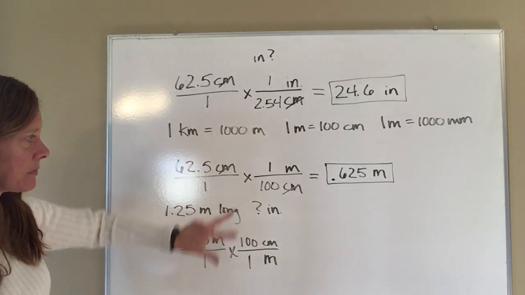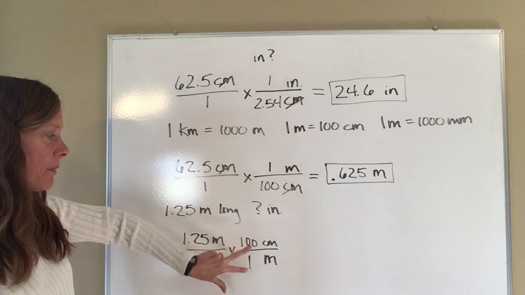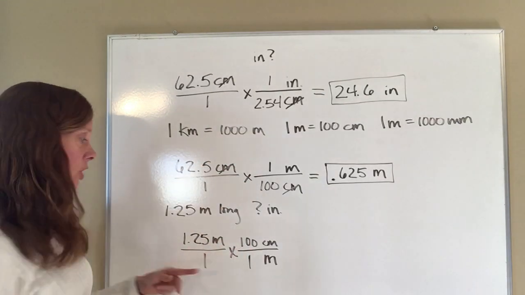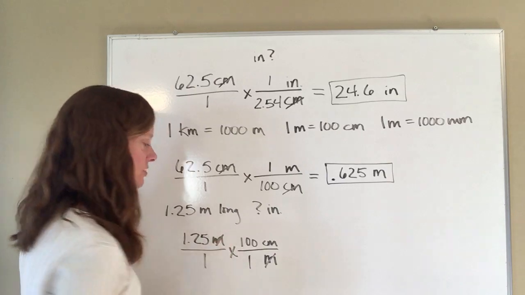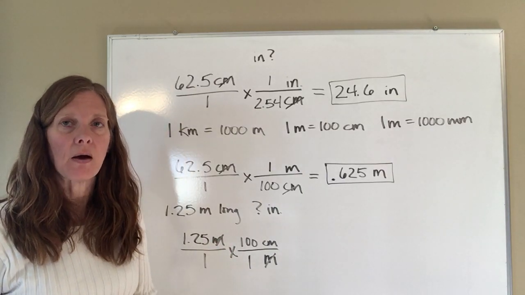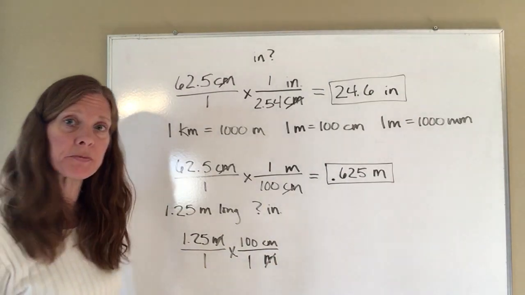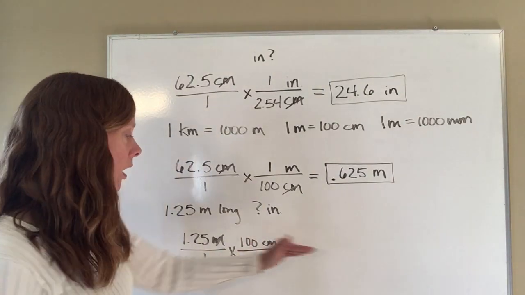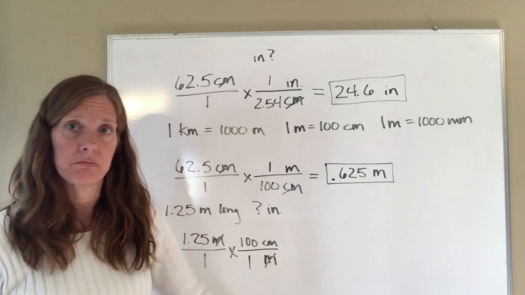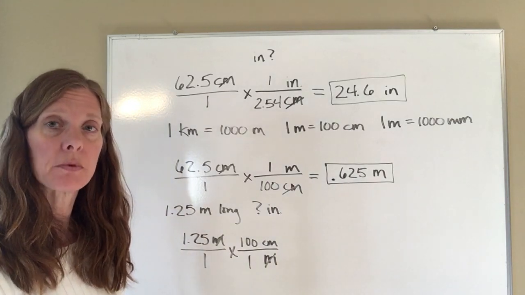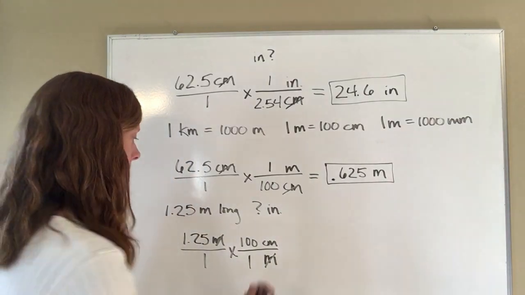Now notice, this is the same conversion factor I used up here, but this time I flipped it upside down because I started with something else. So my meters is going to cancel out. Now, if you prefer, you can do this in 2 steps, or you can combine it all in 1 step, and it doesn't make any difference because you're going to end up with the same answer either way.